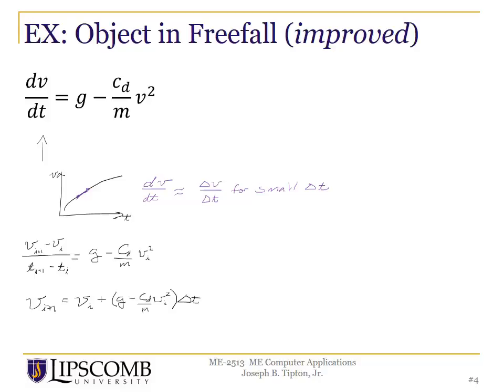And I have what's called Euler's method. I can start with a known value, known data, a starting velocity at a starting time. And I can move a small delta t, and then I can solve for my new updated value. In other words, the new value equals the old value plus the slope using the old value multiplied by the time step.